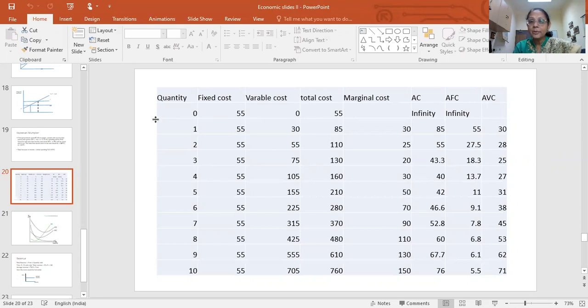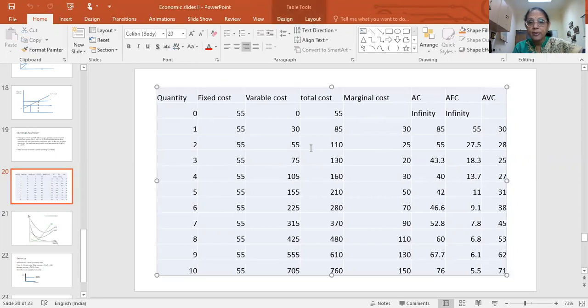So total cost divided by quantity, 55 divided by 0, infinity. 85 divided by 1, 85. Then 110 divided by 2, 55. 130 divided by 3, 43.3. 160 divided by 4, 40, etc., etc., etc. Okay. So average cost is total cost divided by quantity.